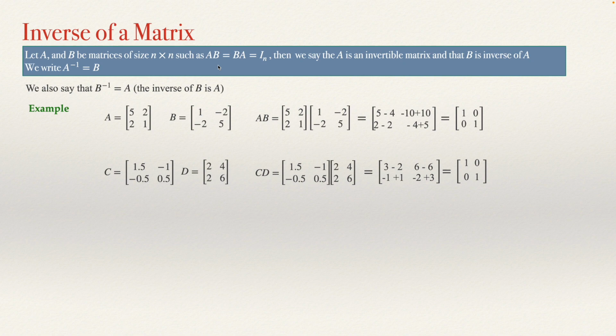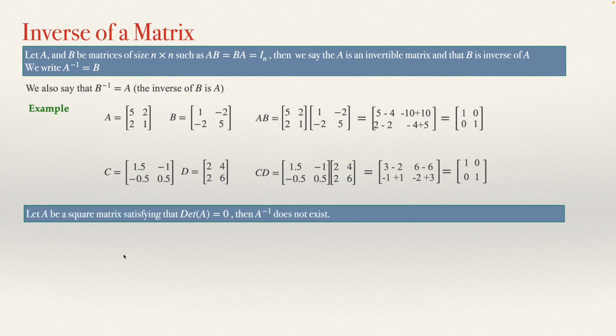However, in this case, there is something that is always satisfied: AB equals BA in the case that AB equals I. Not in other cases. There will be cases when AB is different from BA. But if AB is the identity, then BA will also be the identity. So if A is the inverse of B, B will also be the inverse of A.